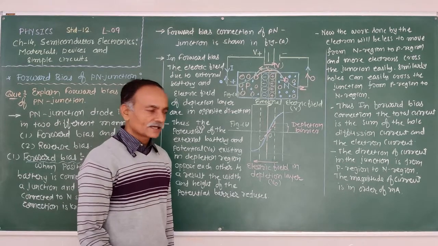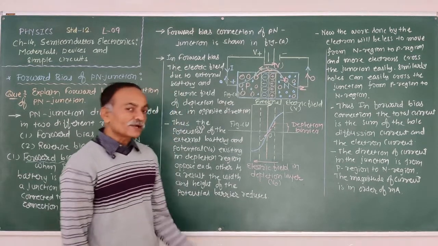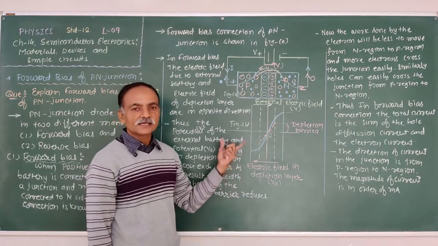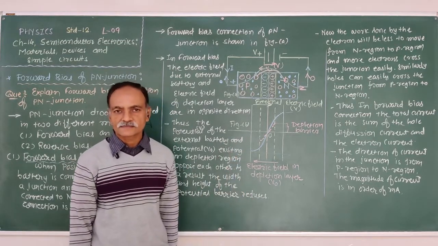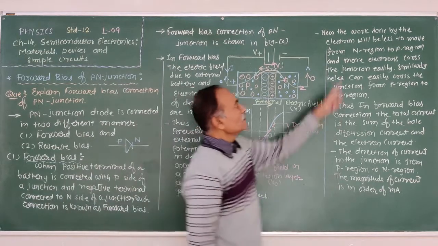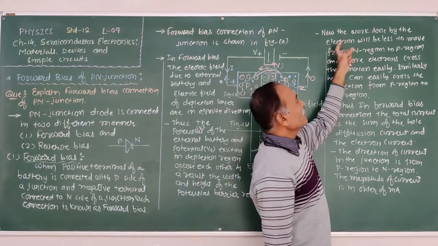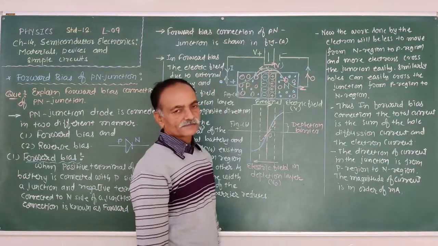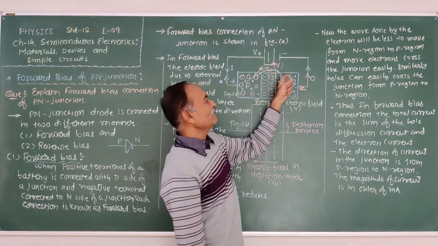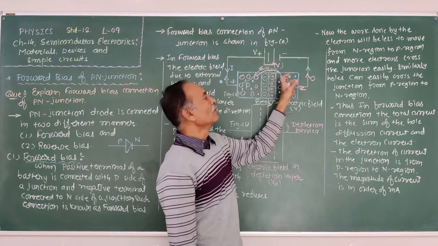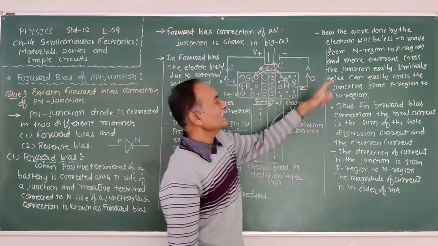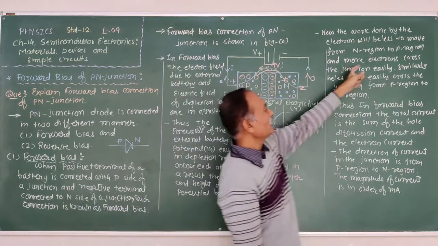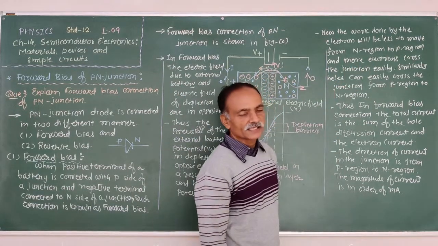Is this clear? Okay. This is only for understanding what mechanism takes place, so it is very easy to write the answer to this question. Now, the work done by the electron to move from N to P will be less, and more electrons can cross the junction easily.